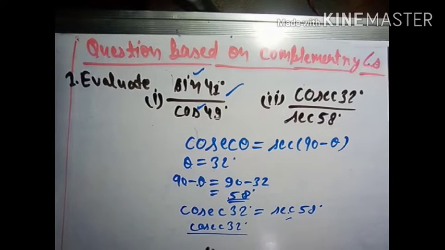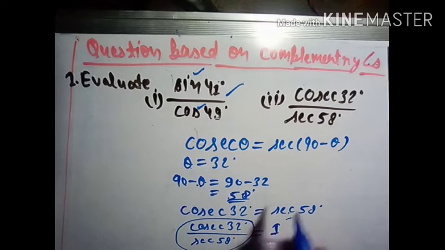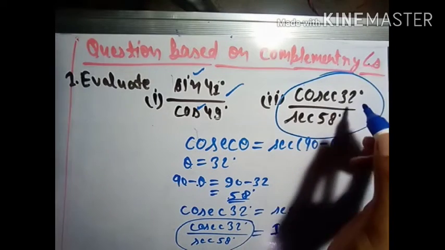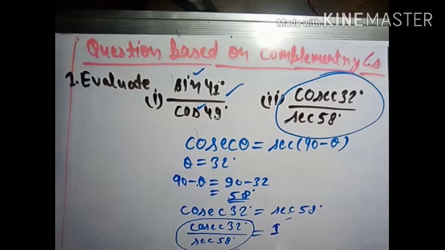Cos 32 degree upon sec 58 degree is equal to how much? Good, 1. 1 is left here. Again look, this is the question. Okay, match it. Cosec 32 degree upon sec 58 degree. Now this is again equal to 1. Understand?